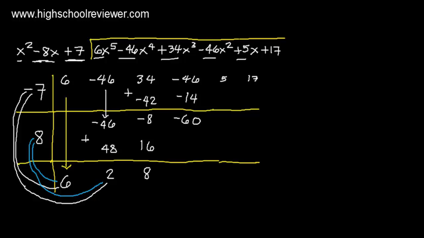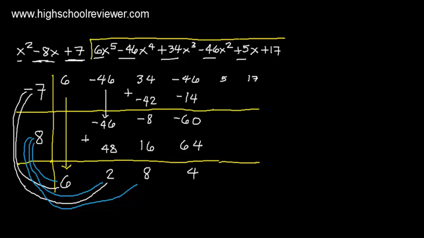And then multiply positive 8 again. Multiply that positive 8 to positive 8. We will have here 8 times 8, that is positive 64. Put positive 64 below negative 60. Negative 60 plus positive 64, that will be positive 4.